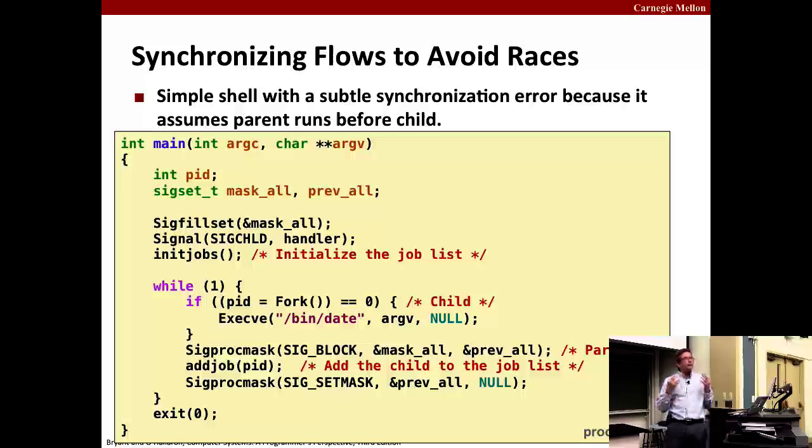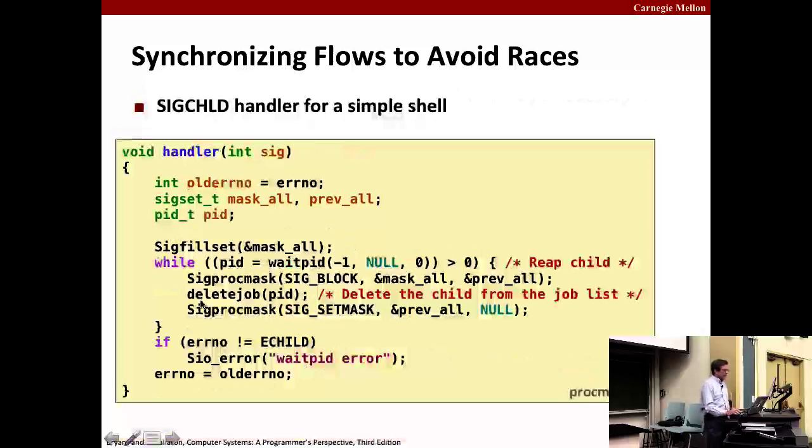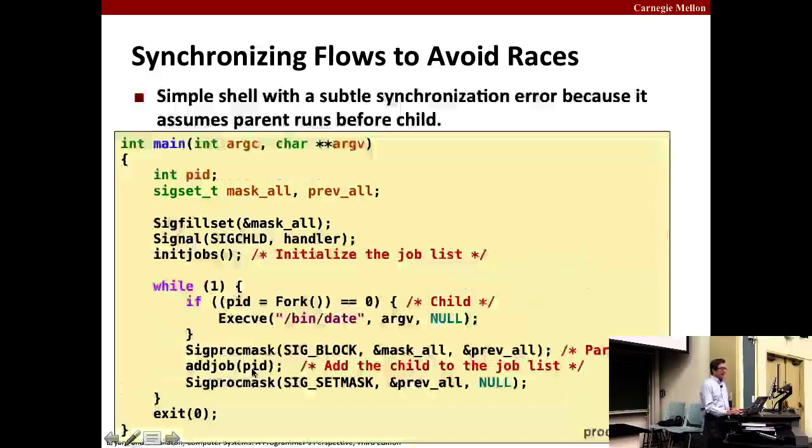So it's very possible that after the fork, control returns to the child instead of the parent, and the child terminates before the parent ever adds that job to the job queue. Now the child is deleting a job that hasn't been added. When the parent finally gets around to running, it adds that job to the job queue, and that job will never be deleted.